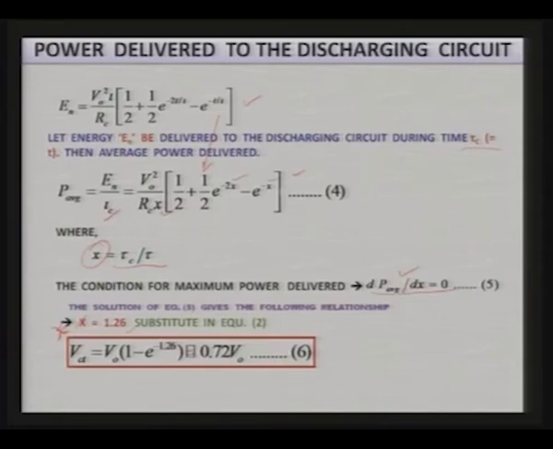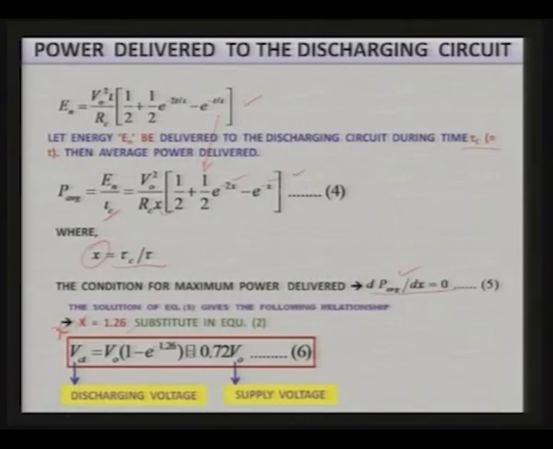That means the discharging voltage should be equal to 72% of the supply voltage to get maximum power delivered to the discharging circuit. This is a very important relationship which we are going to use while solving the problems.